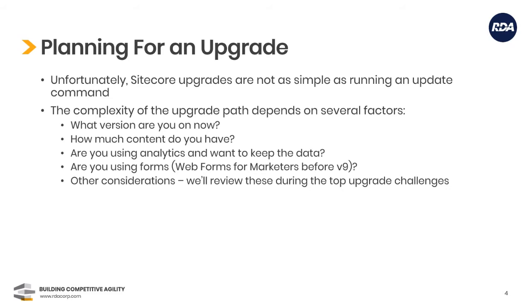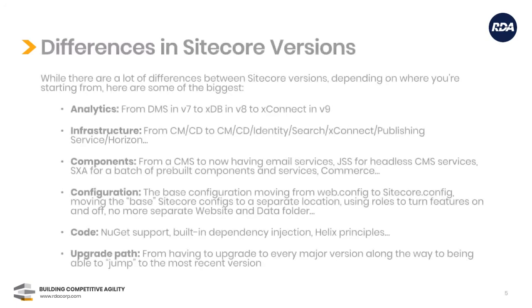And those things really determine how easy or complex these are. The older the version, as I noted, the more complex this is because Sitecore did change a few things as far as where the database is set up and where configs are located as time goes on. So we'll get into a little bit of the details on that here.